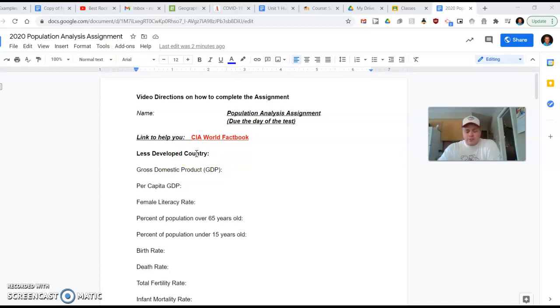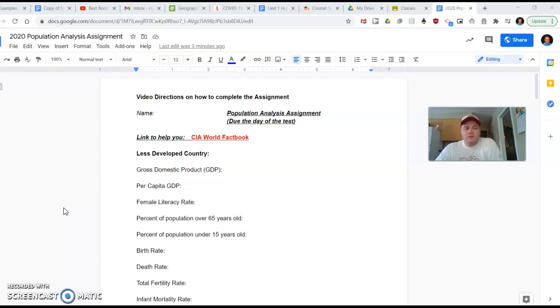Now, less developed countries tend to be countries that are poor, have less infrastructure, maybe less stable governments, that type of thing. In the Western Hemisphere, we'd be looking at certain countries in Central America, the Caribbean, maybe a few countries in South America, but definitely the United States, Mexico, Canada.